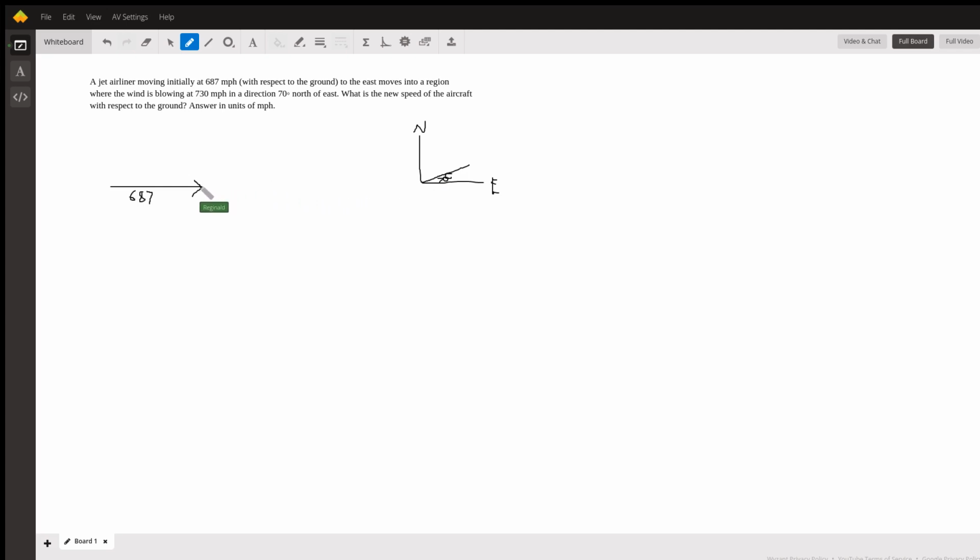So I'm going to draw a vector going up this way, right? So this is 730 miles per hour, so 730. And then here, this is going to be 70 degrees.